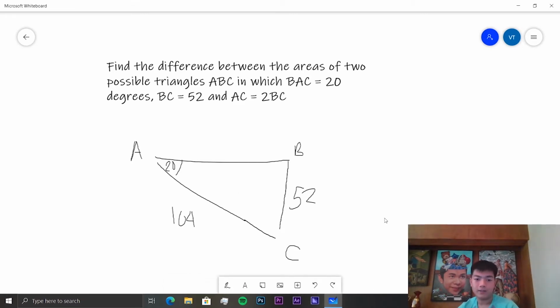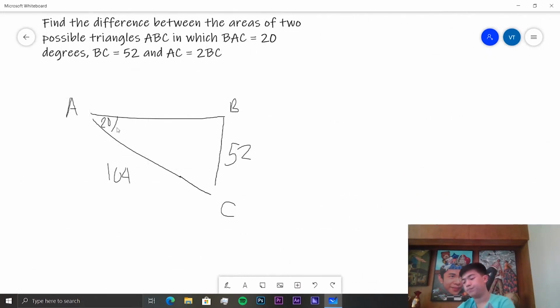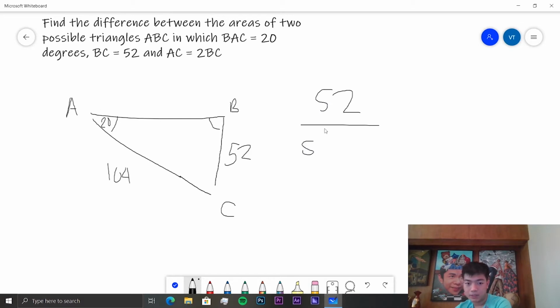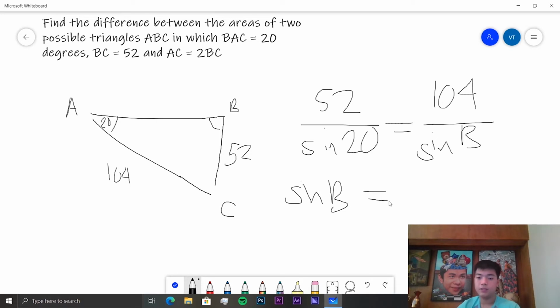So we have two cases here. And the first case, let us solve for this angle here. So we have 52 over sine 20 is equal to 104 divided by sine B. So we have sine B is equal to 104 divided by 52 times sine 20.